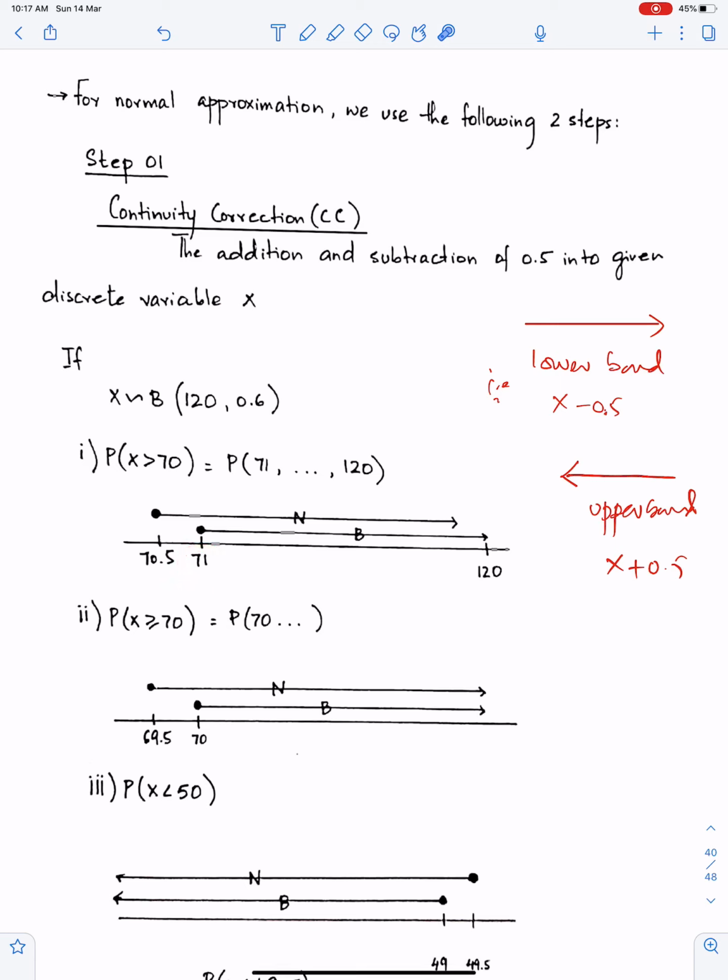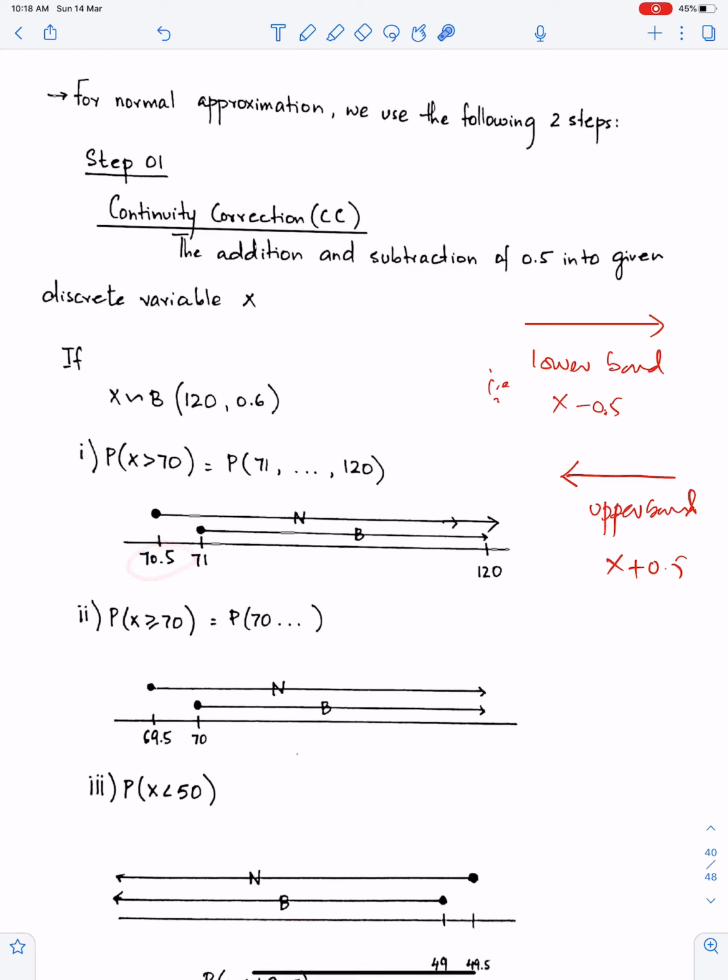Now, since we are going on the right side of the number line, we have to take the lower bound of this number. When you take the lower bound, you will get 70.5.